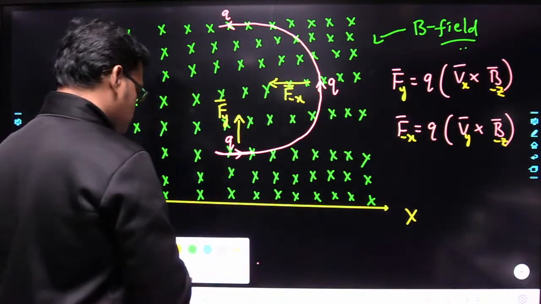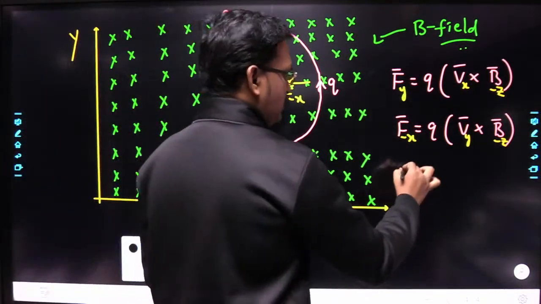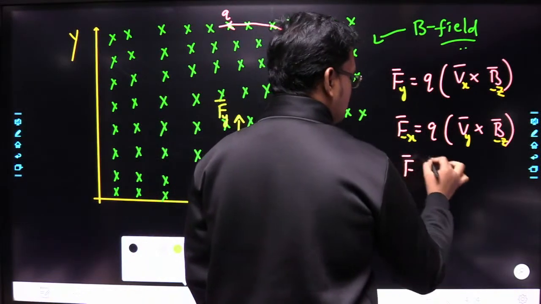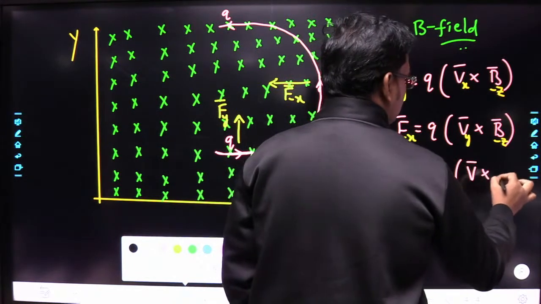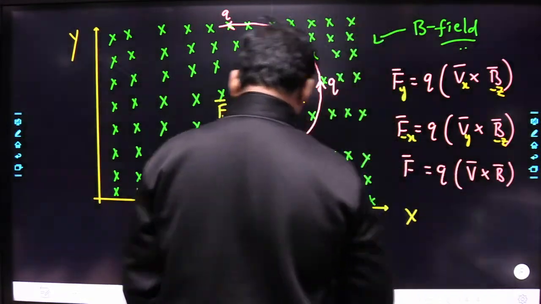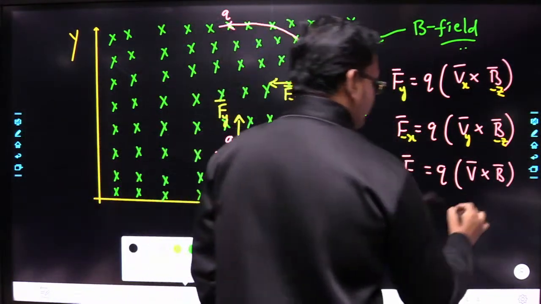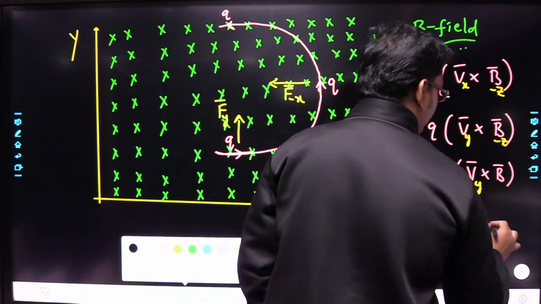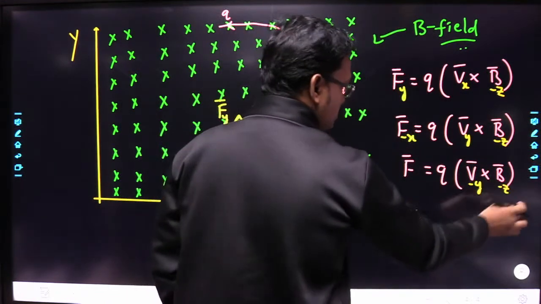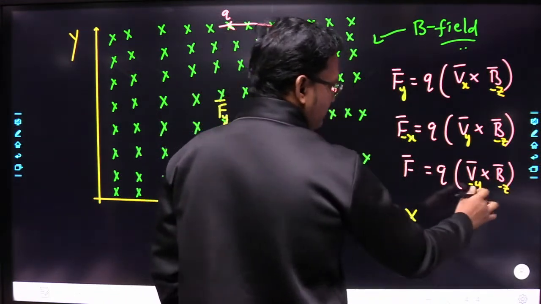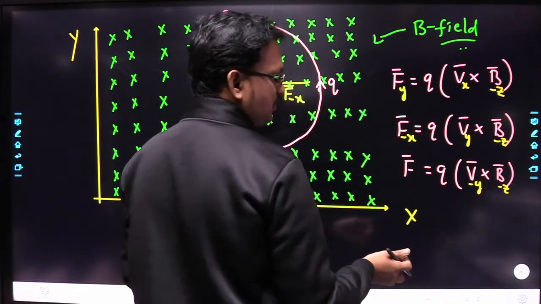So whenever the charge is moving in the negative x direction, in which direction is it going to experience the force? F bar is equal to Q into V bar cross B bar. Now the velocity is in which direction?